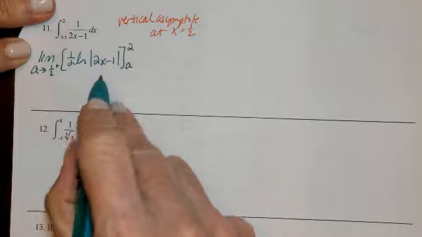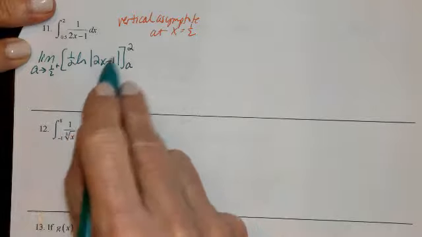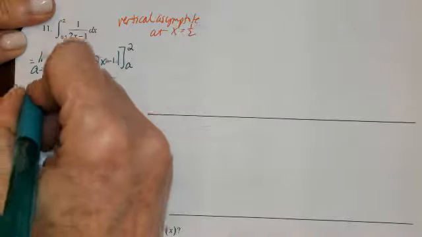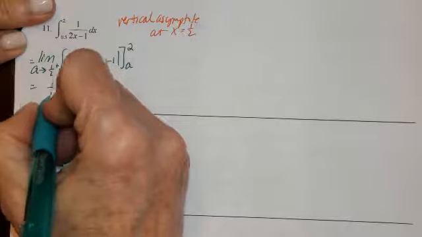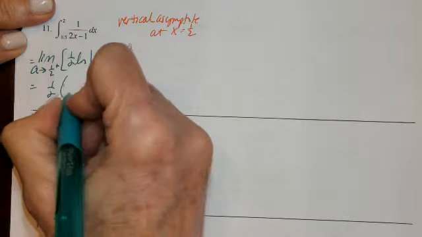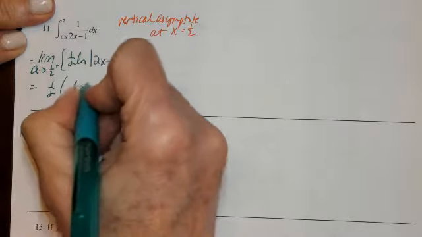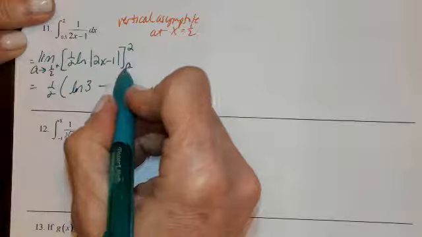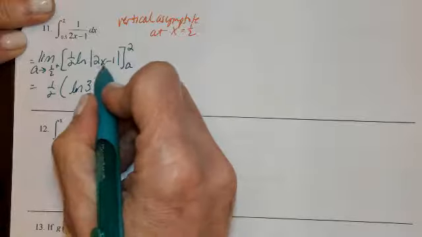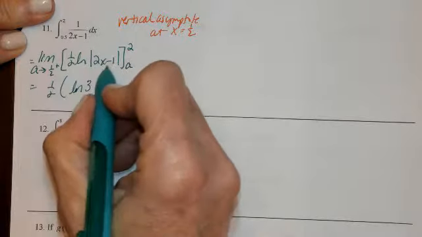Okay, so I'm going to begin by putting 2 in for x. We'll have 1/2. That 1/2 can come out totally. Natural log of 3 minus, now we're going to put a in for x and let a go to 1/2.